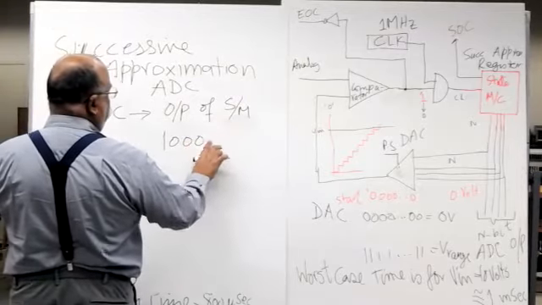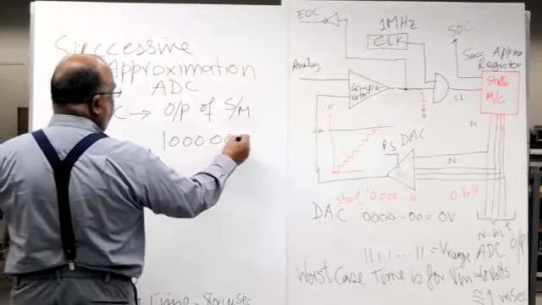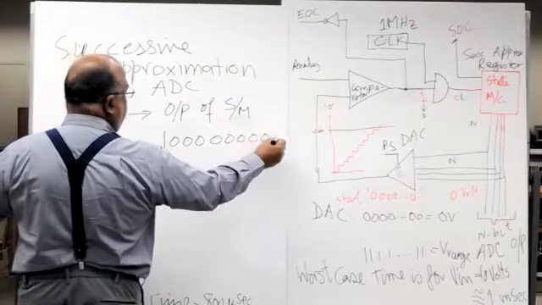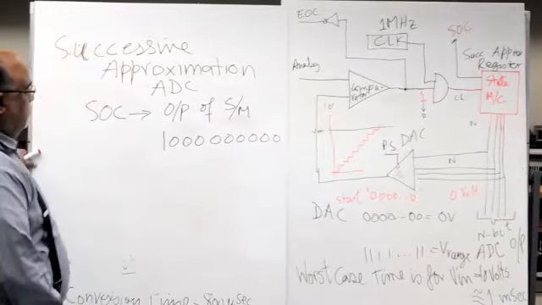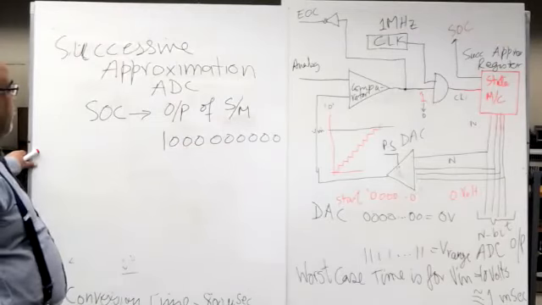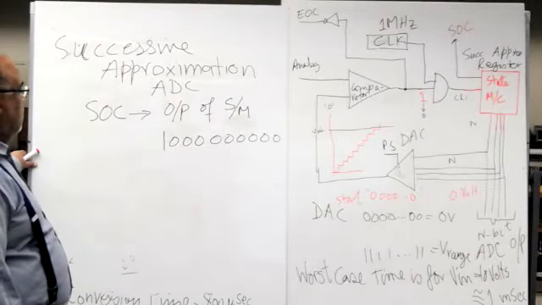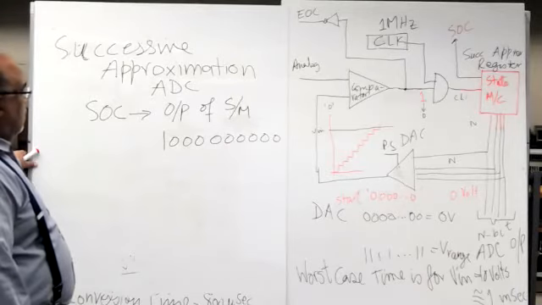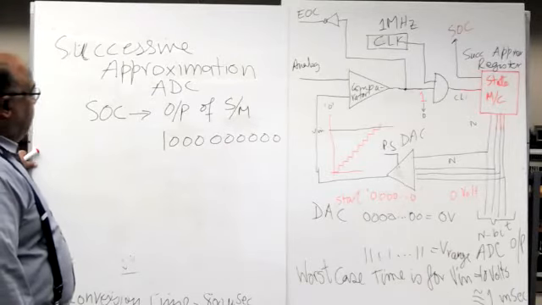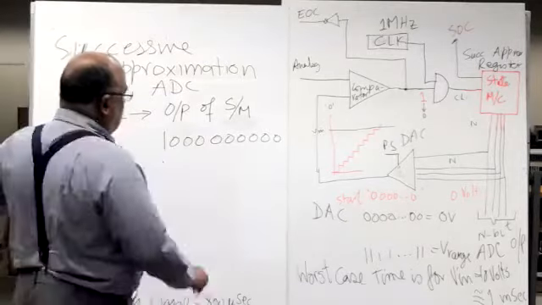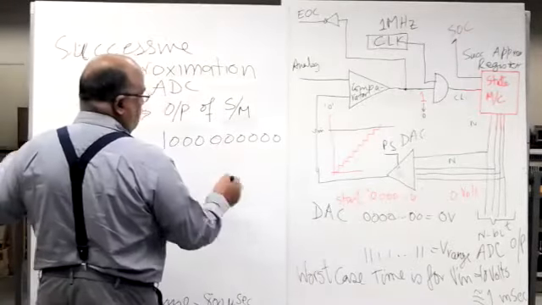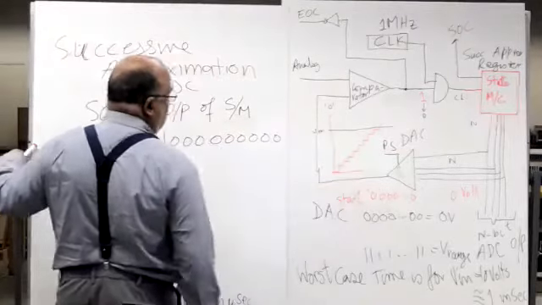Say if it is an 8-bit ADC, the output will be 10000000, or for a 10-bit ADC, 1000000000. So coming back to the same example, this will give rise to this DAC output.